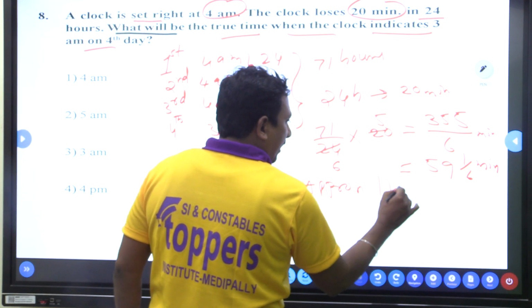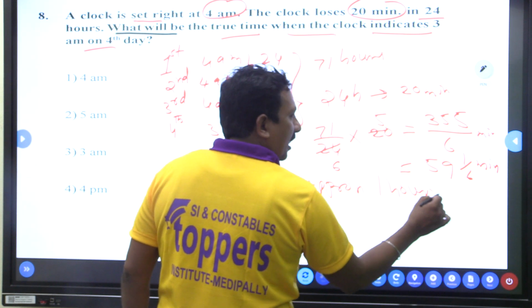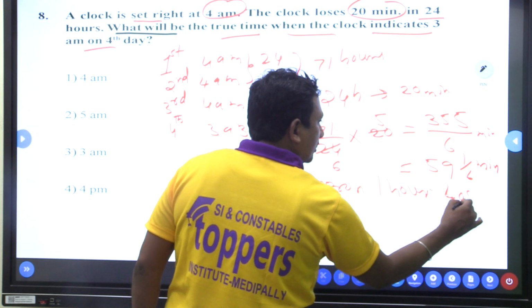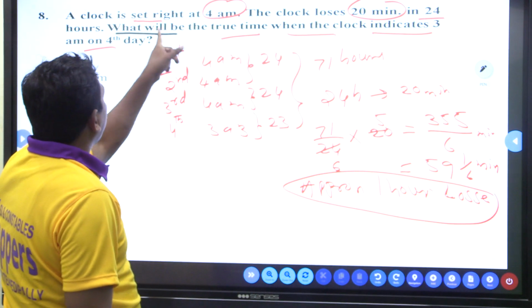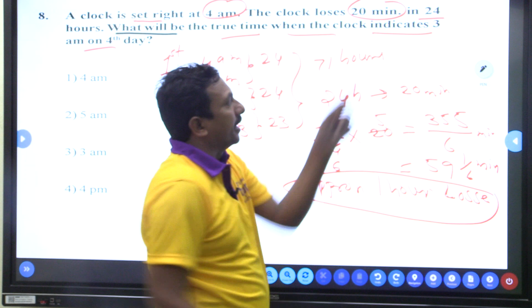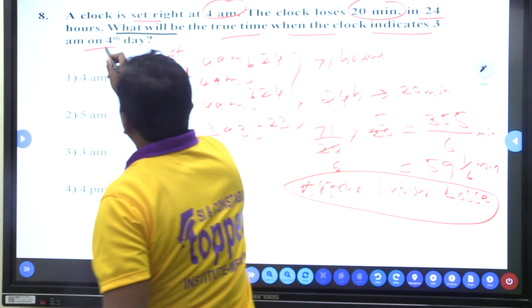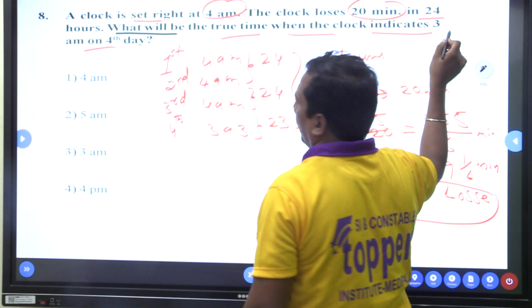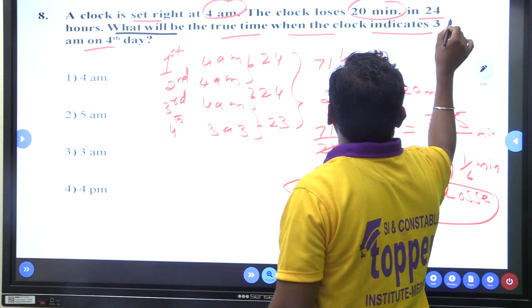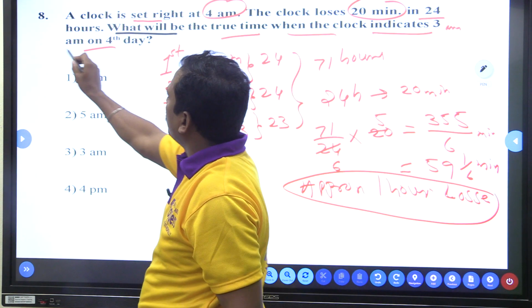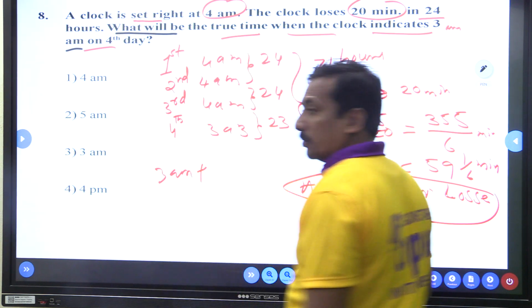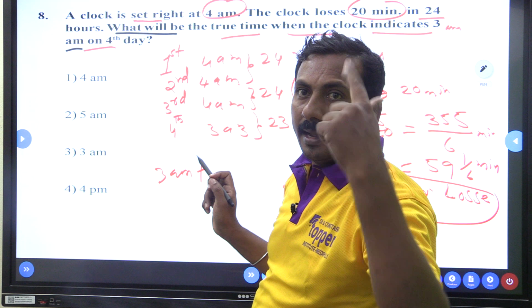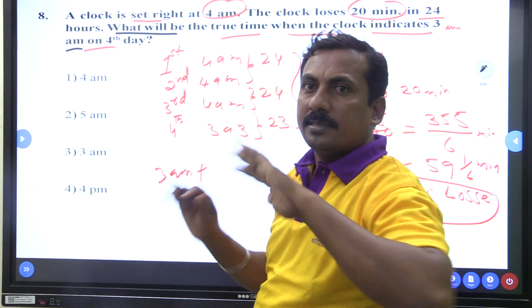That means approximately 1 hour of time is lost. The clock indicates how much, sir? On the fourth day the clock indicates 3 a.m. So 3 a.m. plus 1 hour lost. If the watch loses, add it.